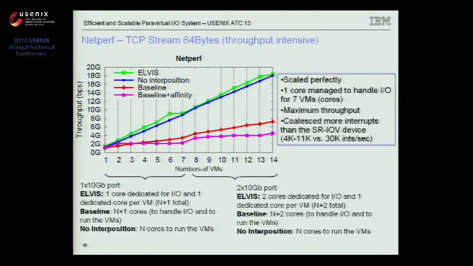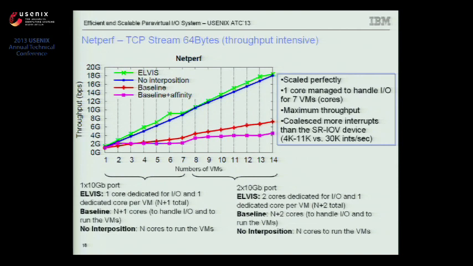Now, the reason that Elvis was actually a bit better than no interposition is related to interrupts and the way that Elvis coalesces interrupts. With an SRIOV device, each virtual function was raising 30K interrupts per second, and the number of interrupts per second each virtual function was raising was not related to the number of virtual machines that we were running.